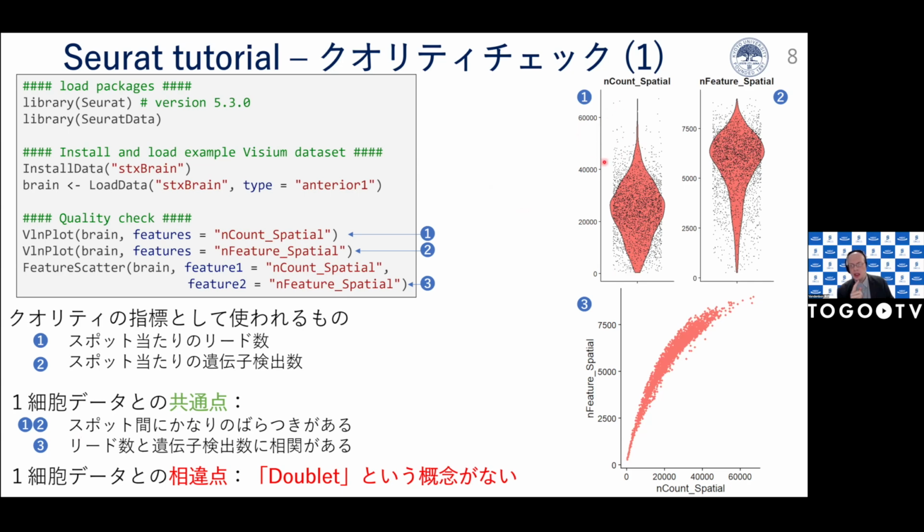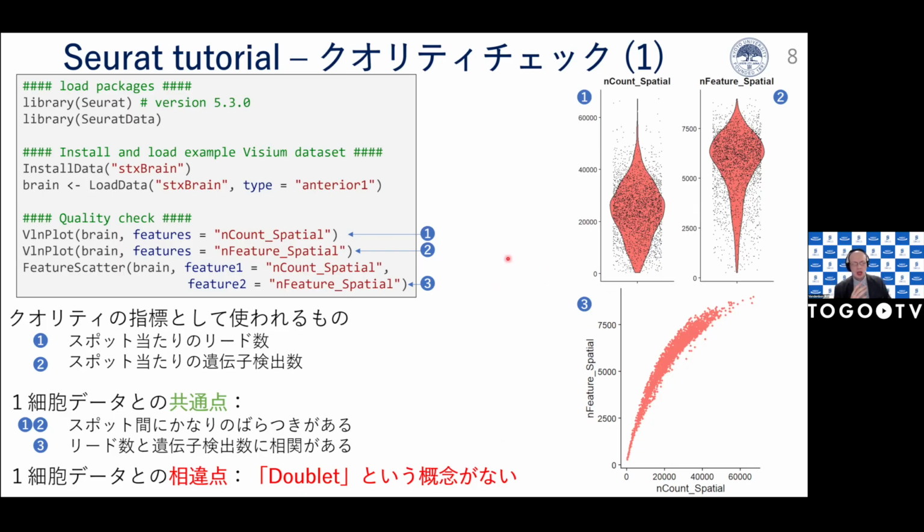And you can see there's quite some variation between the spots, right? Some have a very high number of reads, and some have a very low number of reads. Some have many detected genes, and some have a very low number of detected genes. Of course, there's a clear relationship between those two, with a certain plateau reached here.